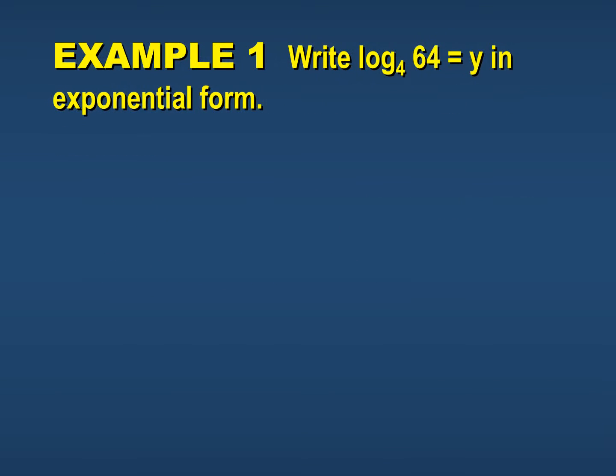So let's take a look at an example. We have log base 4 of 64 equals y, and we want to write it in exponential form. If I were to do my loop, I would have 4 to the y equals 64.